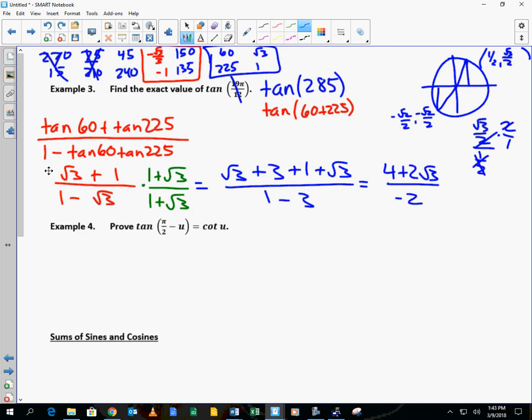Is everything divisible by negative 2? So factor out negative 2, and you get negative 2 minus the root of 3. Is that value going to be positive or negative? Definitely negative. 285 degrees. Which quadrant is that in? The fourth quadrant. Is tangent positive or negative in the fourth quadrant? It is negative. Okay, so I got a general idea that I'm hopefully on the right track.